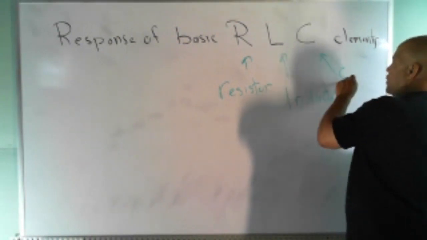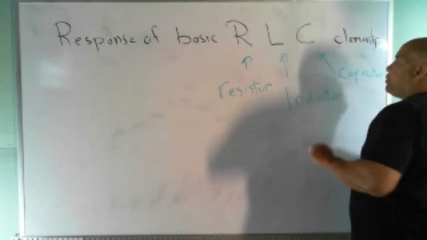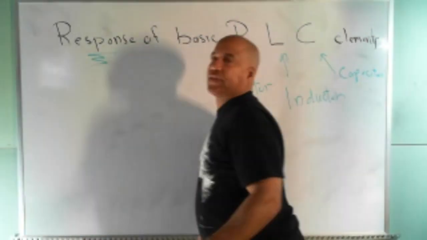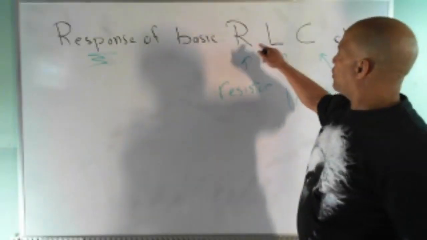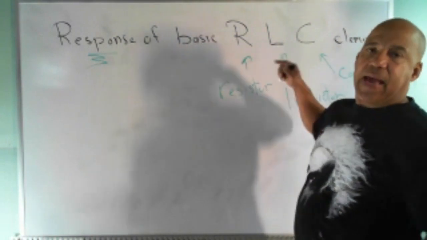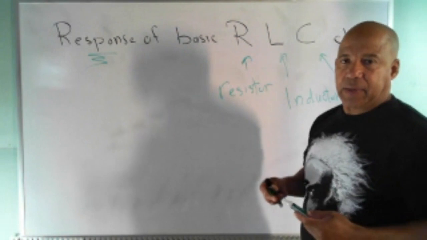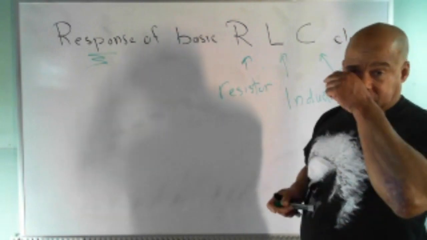And C is, of course, a capacitor. So the word response, what they're asking is, how do resistors, inductors, and capacitors behave in an AC circuit? That's what that means, response of basic RLC elements.